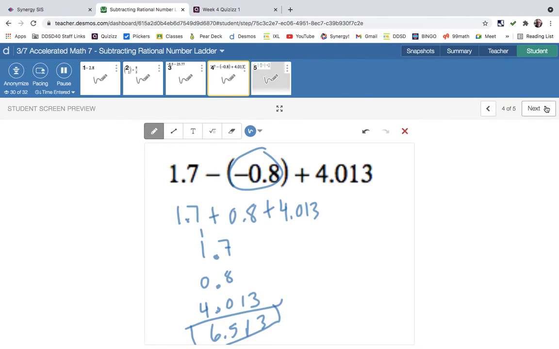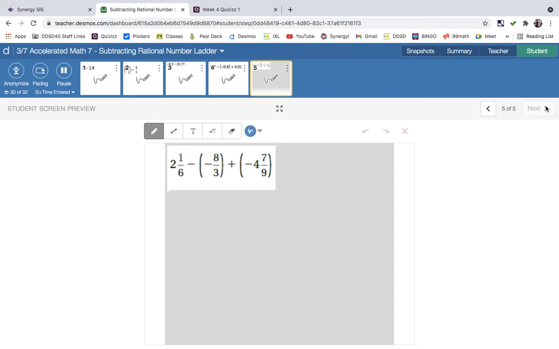And the last one has quite a few steps. So I'll kind of slow down here a little bit. I'm going to concentrate first on subtracting as addition. So this is going to be adding. The opposite of this number is positive. So let's start with just adding those two together. So 6 times 2 plus 1, that's 13/6, plus 8/3.